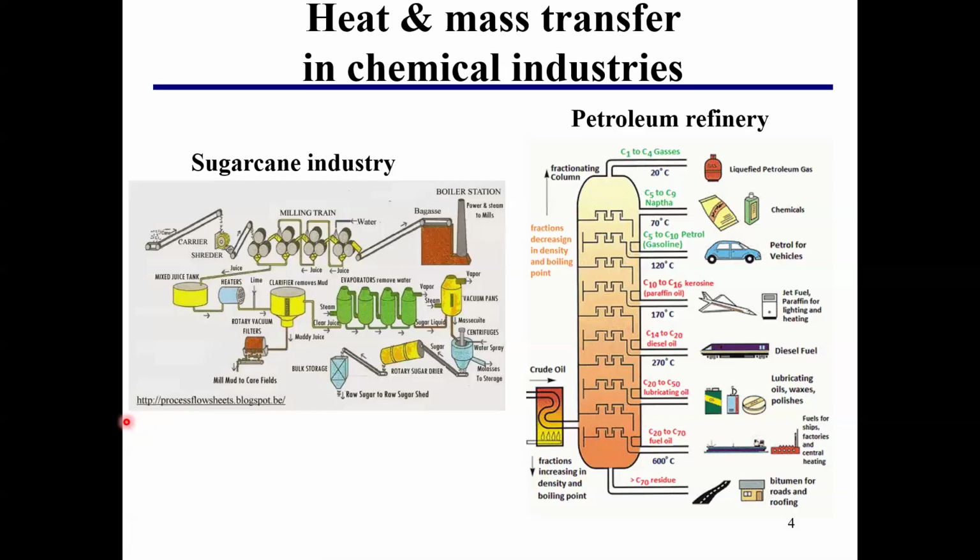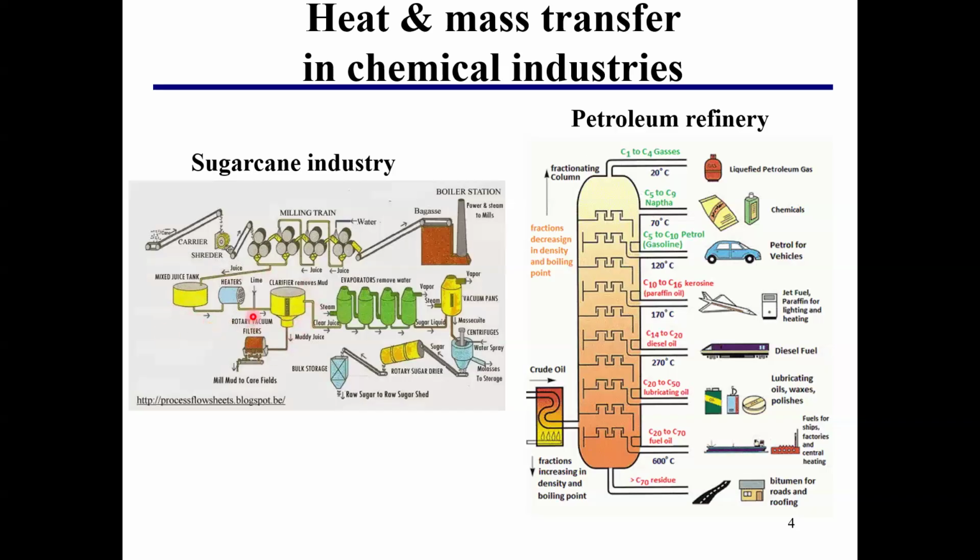So in the sugarcane industry, as you would imagine, first we have to get the juice from the sugar canes, and the juice is clarified to remove the waste or the mud out of it.